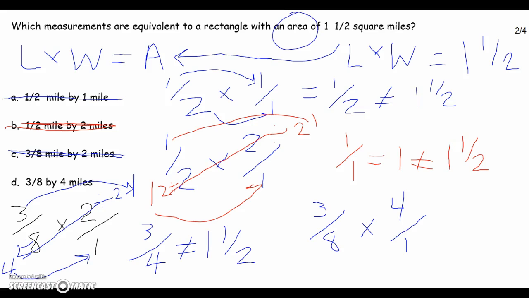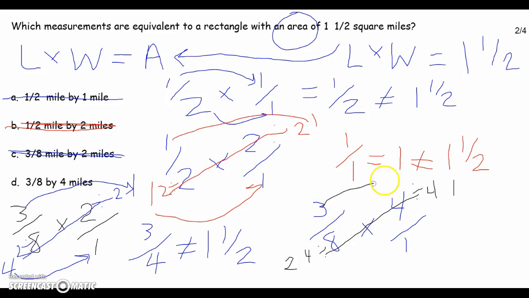In this, we do see a relationship between 4 and 8. 4 is a factor of itself, and 4 is also a factor of 8. So we can use 4 to divide by in order to make our numbers a little bit smaller. 4 divided by 4 is going to be 1, and 8 divided by 4 is going to be 2.